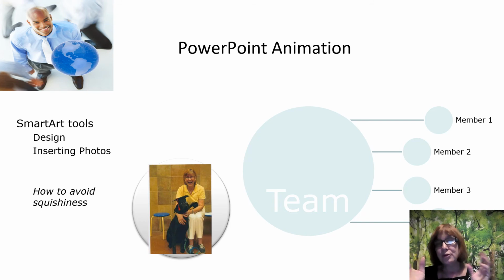One way to avoid that is to use shapes to create the same shape as you're using in your PowerPoint SmartArt, and then insert the image into that and size it so that it doesn't look squishy.